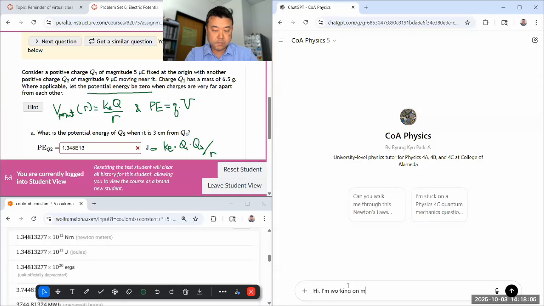I'm working on my physics 4B homework and I'm stuck on part A here.